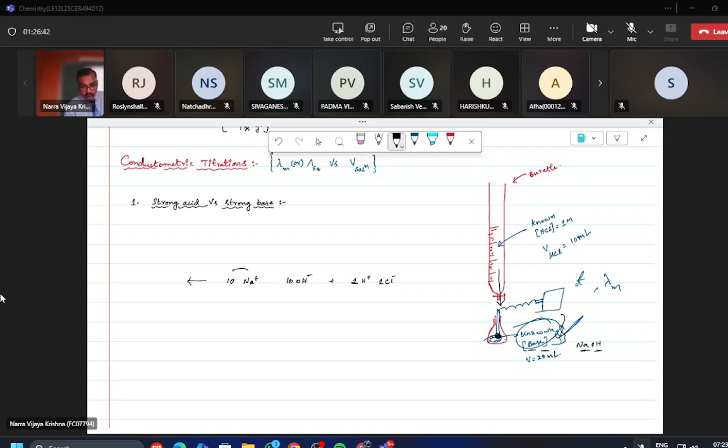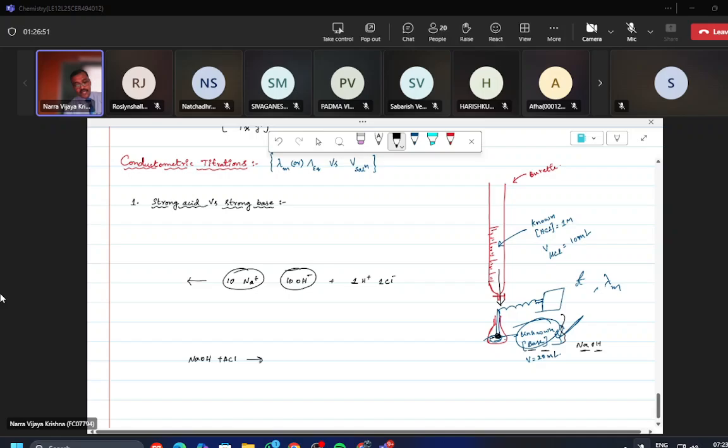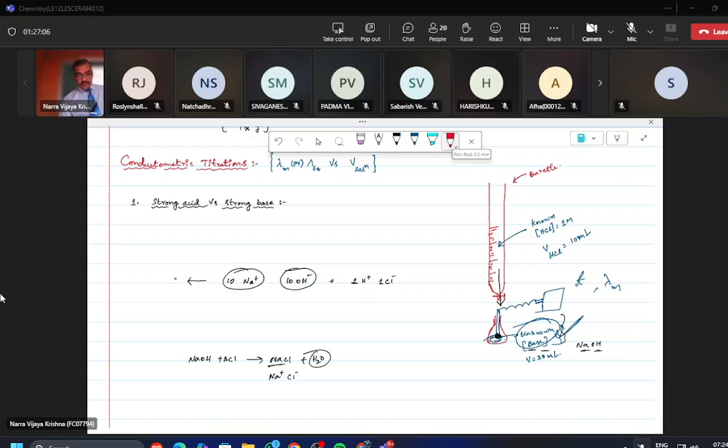Means out of this 10 Na plus and 10 OH minus, NaOH reacts with HCl to form NaCl plus H2O. We know that H2O is a poor conductor of electricity. It will not convert into ions easily. But NaCl will convert into Na plus and Cl minus.